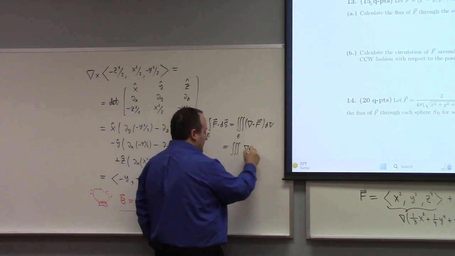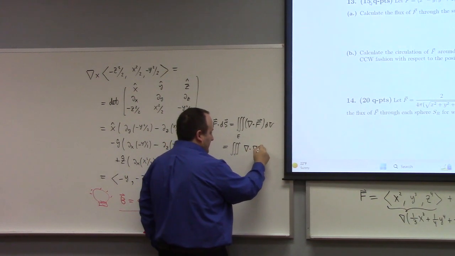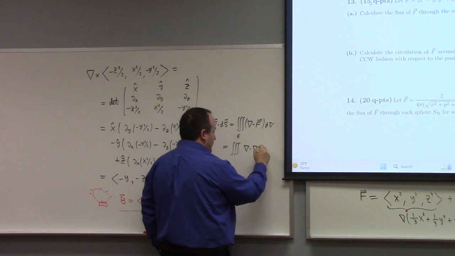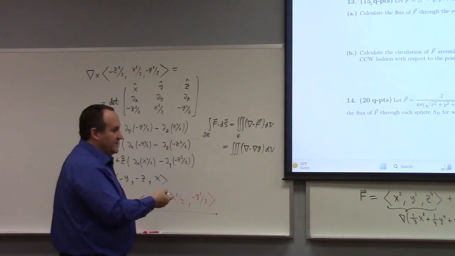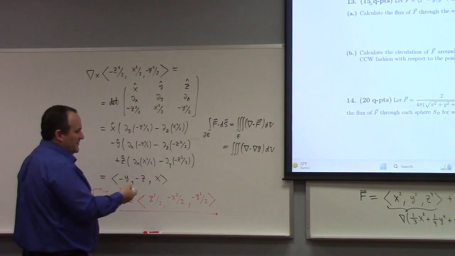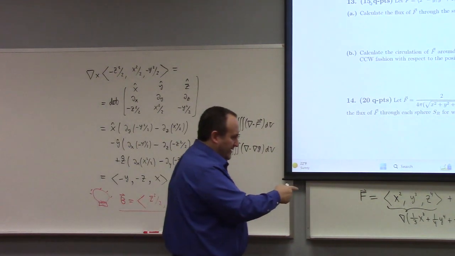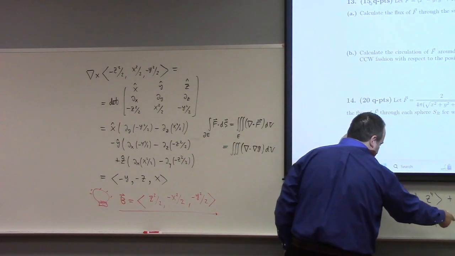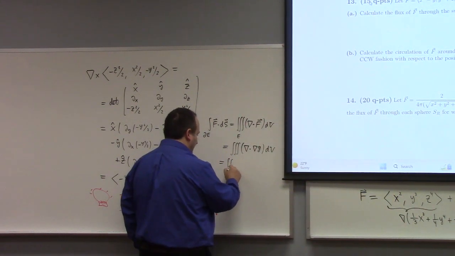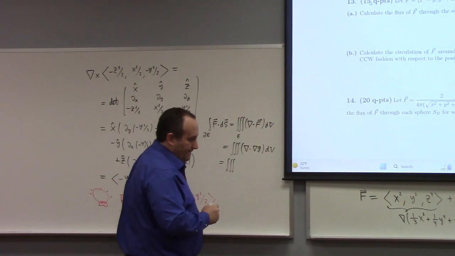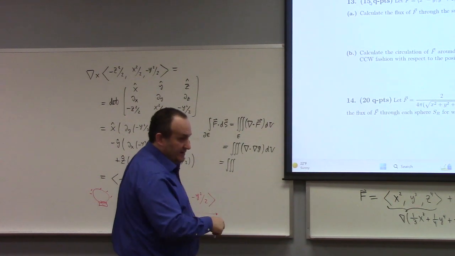Well, it's nothing more than the Laplacian of the potential part of F, the G. Because the curl piece vanishes, all you have to do is look at your G and calculate the Laplacian of that, which is what? Take two derivatives, right?